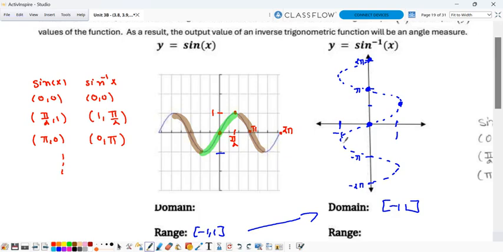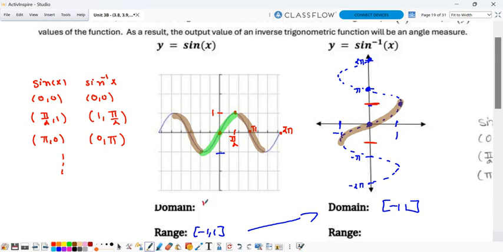So now I have to look for 2 consecutive quadrants, some positive, some negative, and this is the restricted domain of sine so that we can make the sine inverse function. So this is the graph of sine inverse x. Let's summarize also.